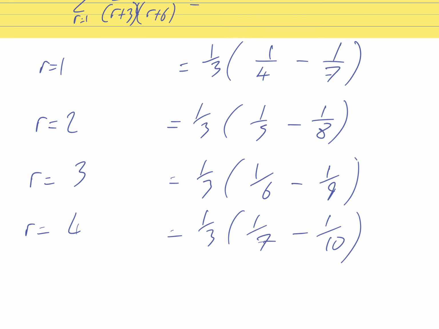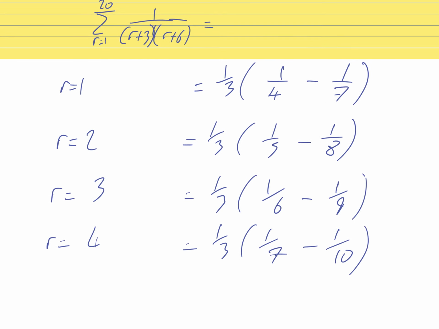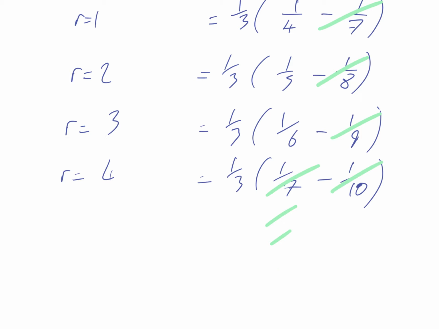Right, now here we can see what is cancelling out. We can start to see what is going to be going. If I added those up, from the first 4 terms, those two are going to disappear. The rest of them stay, but this one would go with the next term, this one would go with the next term, and this one would go with the next term.